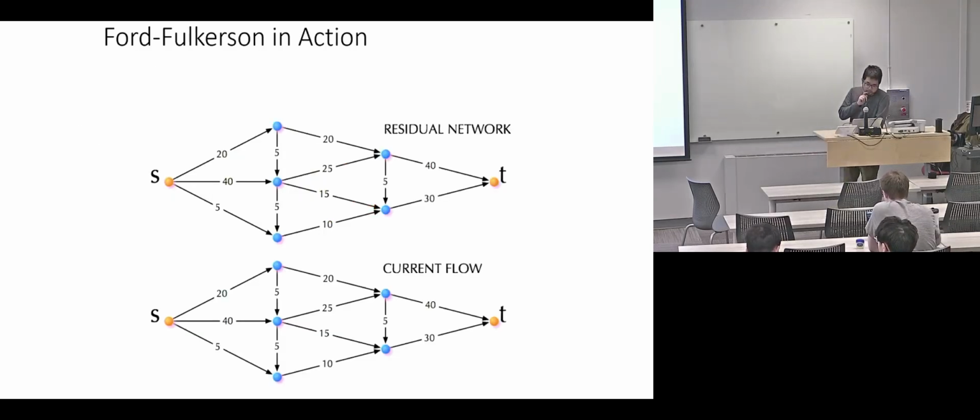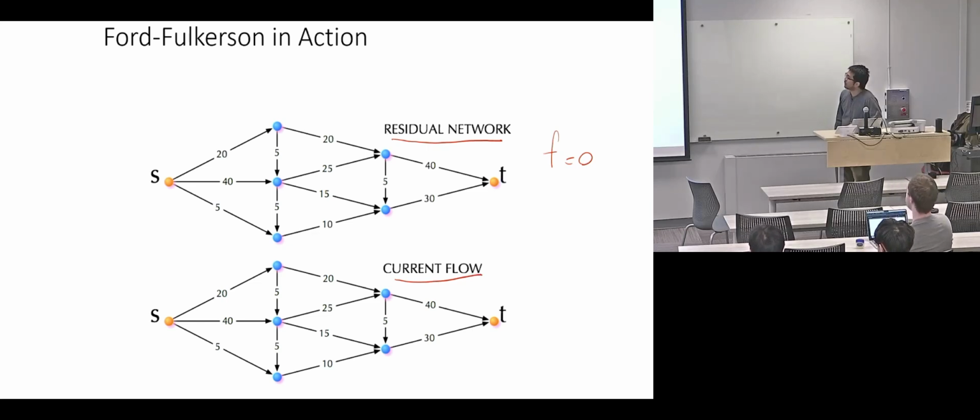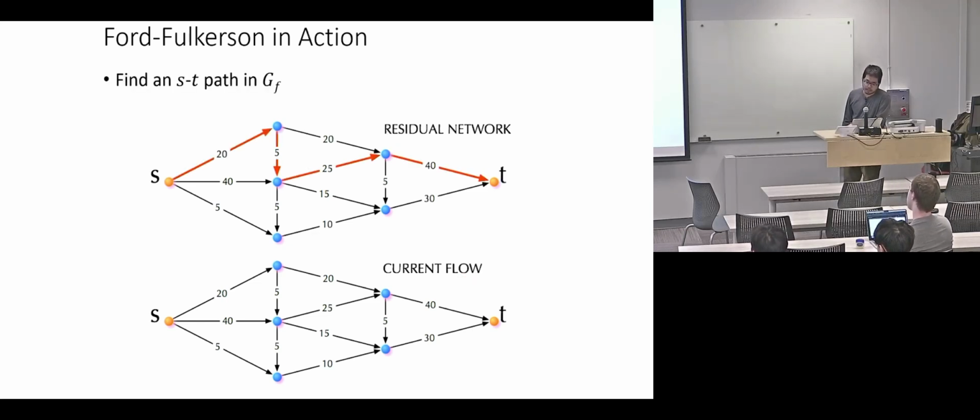Okay, so I start with a graph here. In the beginning the flow is 0. So the residual graph and the original graph are the same. Now I just find some path in the residual graph like this.